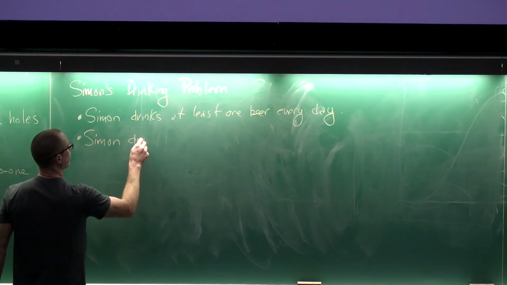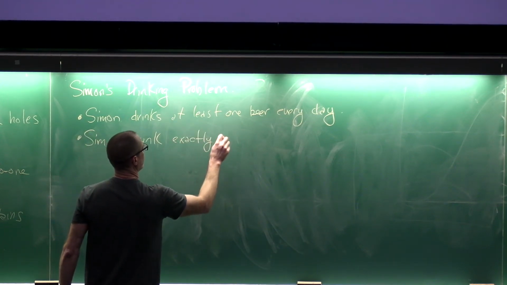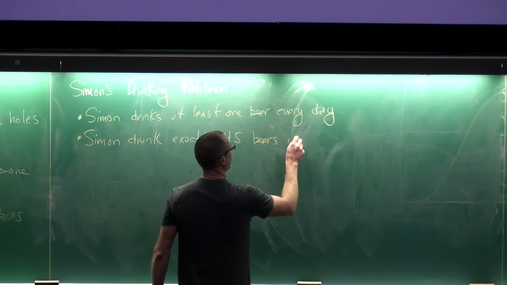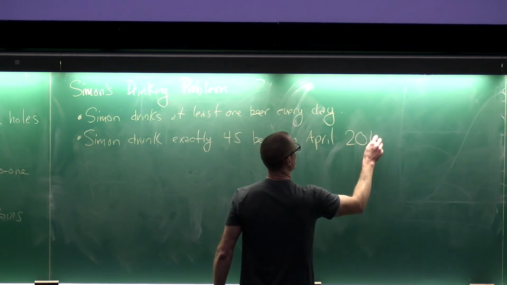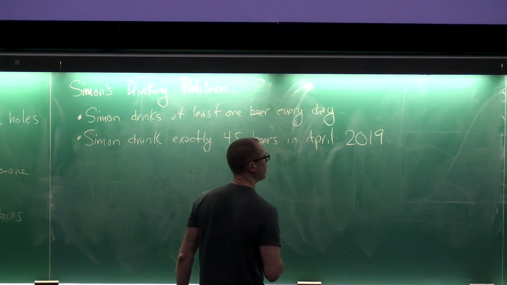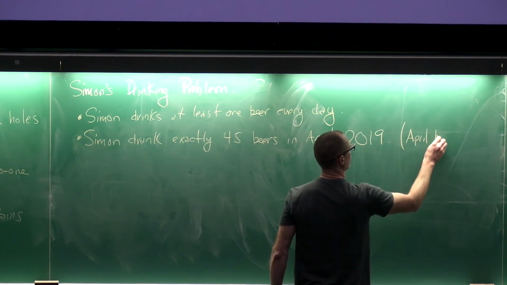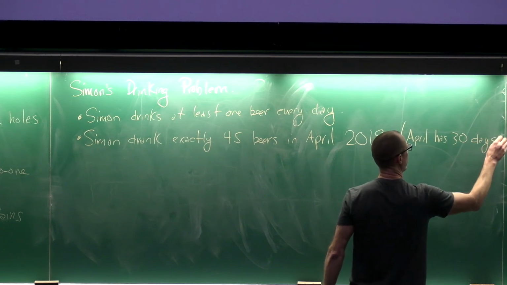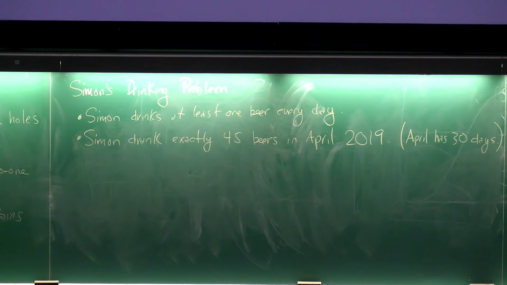Simon drank exactly 45 beers in April 2019. And let's remember, April has 30 days in it. Okay. So that's all I know.